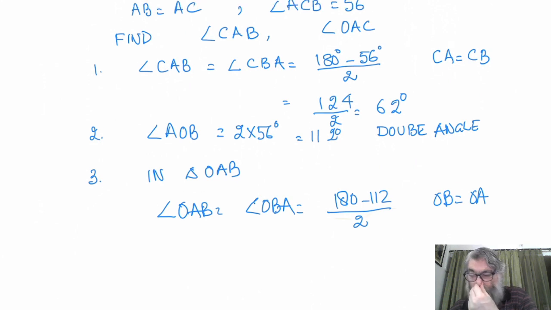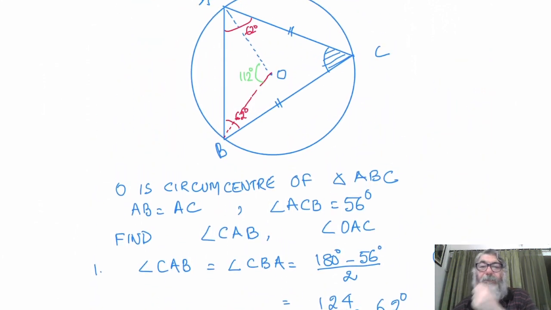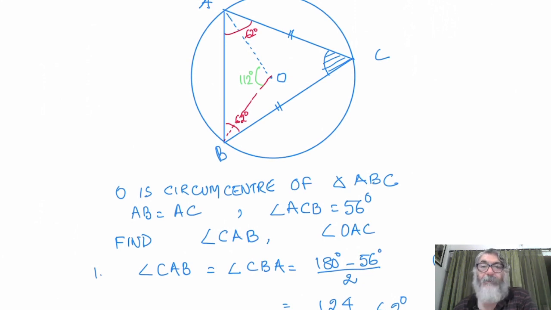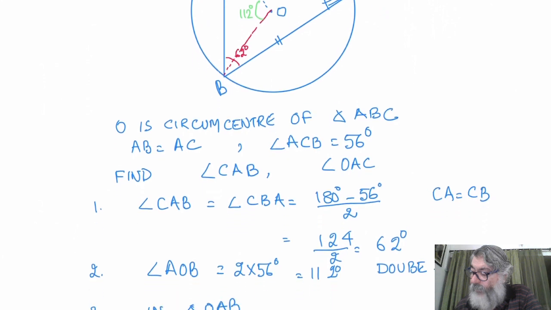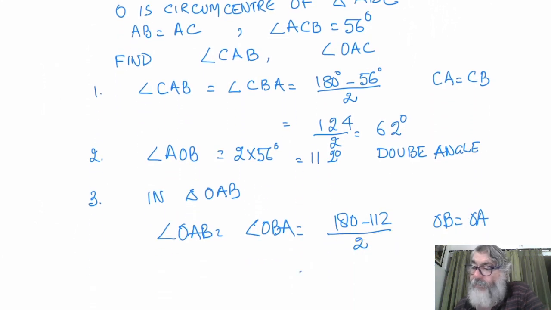So OAB becomes an isosceles triangle with equal base angles. 180 minus 112 divided by 2. How much am I going to get? 180 minus 112 is 68. 68 upon 2, 2 3s are 6, 2 4s are 8. This angle comes out to be 34.